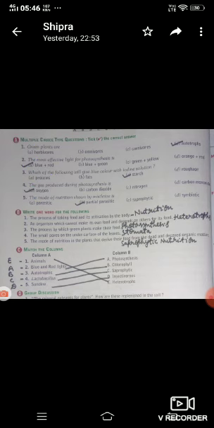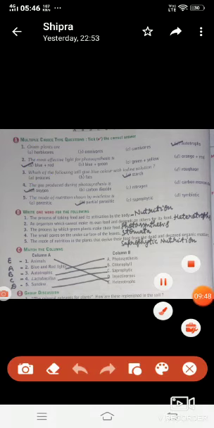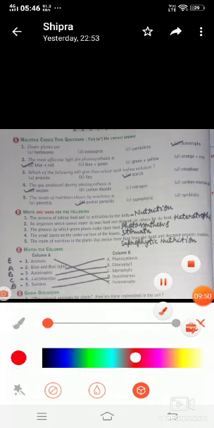Then we come to write one word for the following. The process of taking food and its utilization by the body is nutrition. An organism which cannot make its food and depends on others for food is a heterotroph.